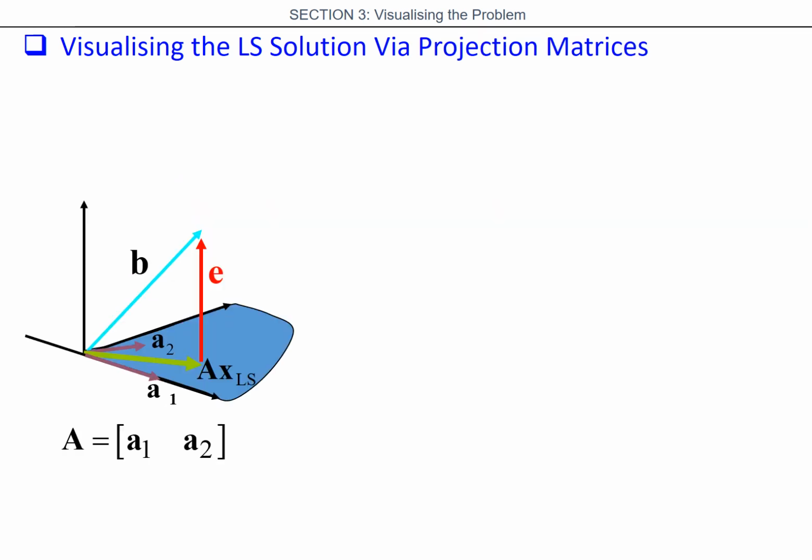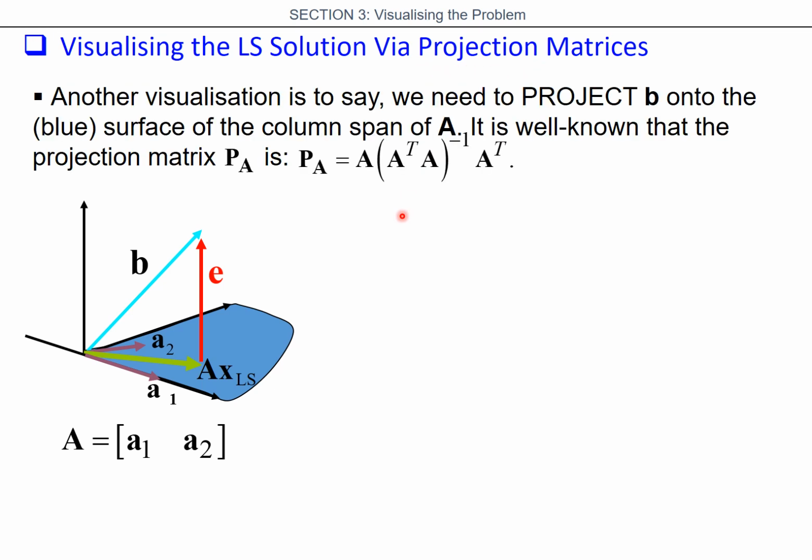So a second way of visualizing the least squares solution is to look at projection matrices. What we can look at here is projecting B onto the blue surface, which is in the column span of A. And it's well known that if you want to project a vector onto a surface, then you pre-multiply that vector by the projection matrix.